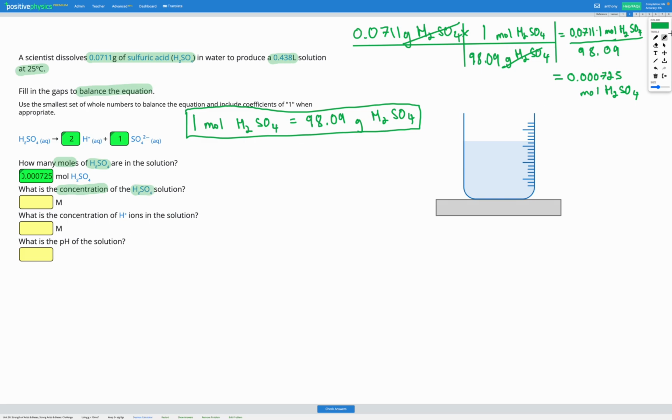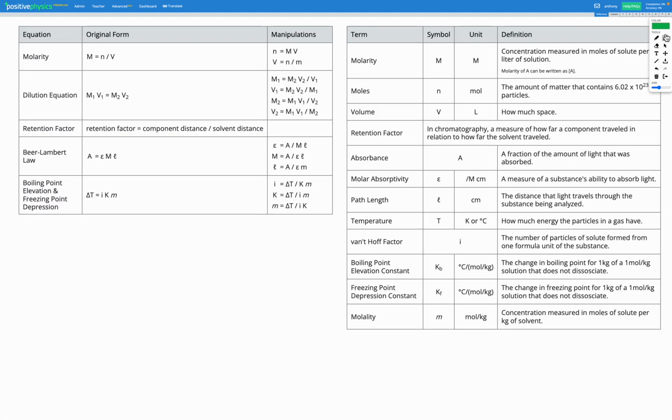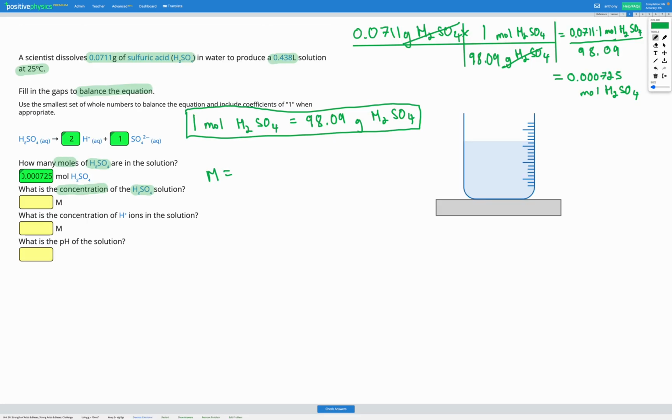Awesome. Next, we're asked, what is the concentration of the H2SO4 solution? So we now know how many moles of H2SO4 we have, and we know the volume of the solution. If we know the moles and the volume, we can use that to calculate our concentration. Now we're on the solutions page of the reference sheet, and here we have our molarity, or in other words, concentration equation. Molarity is equal to number of moles divided by volume. The number of moles was 0.000725.